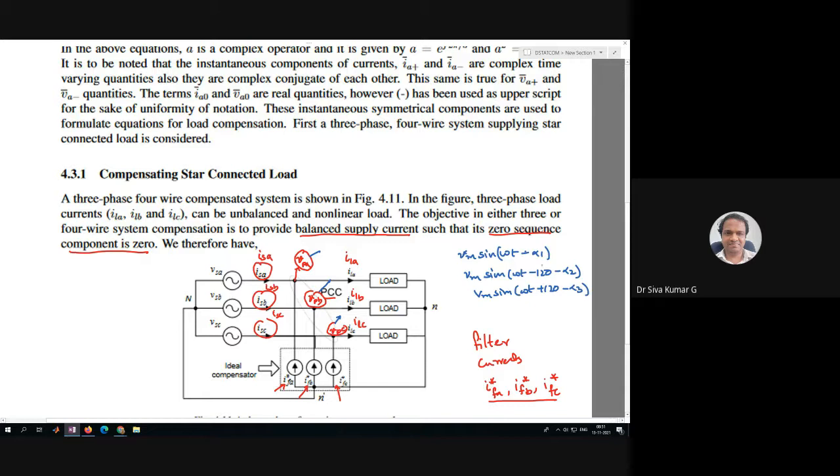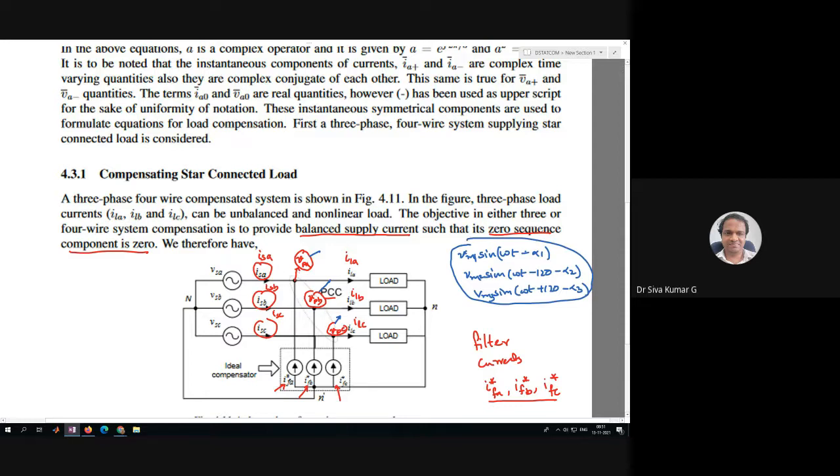They are not 120 degrees apart from each other. Or maybe there is a voltage magnitude difference also. But in all these aspects the voltages are unbalanced.